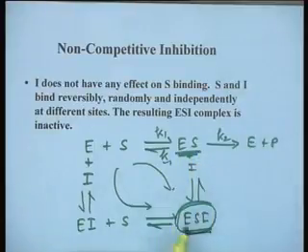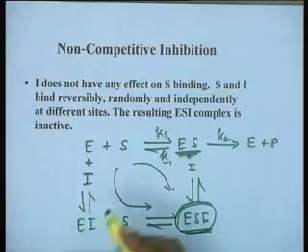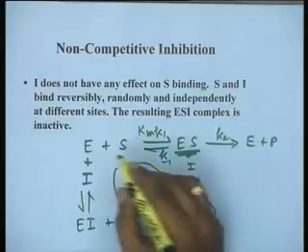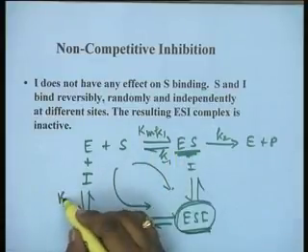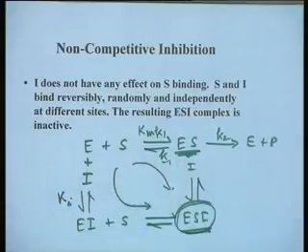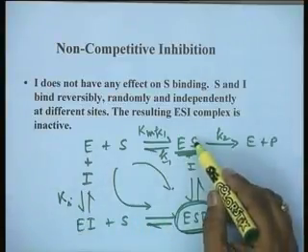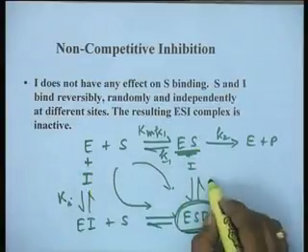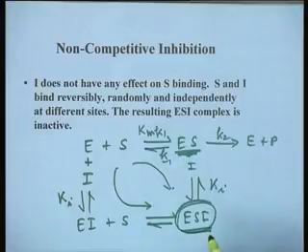And of course, in this simplistic mechanism, we notice that we have a dissociation constant Km for the enzyme-substrate binding and dissociation constant Ki for the inhibitor binding. And also we assume that whether the enzyme-substrate complex binds to inhibitor or the free enzyme binds to inhibitor, the dissociation constant is identical, Ki.